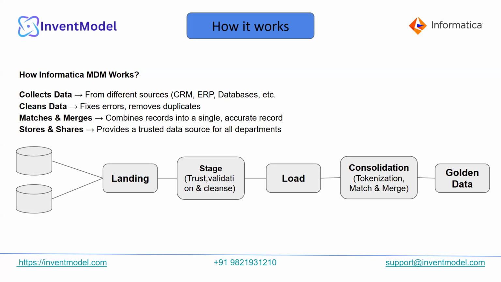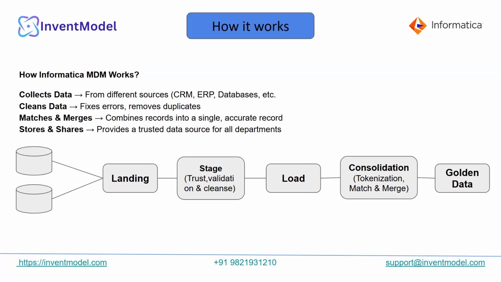After the load process, we need to do the consolidation, because the data loaded into the base object table is not correct. There is a lot of redundancy, duplicacy, and maybe repetitions. To fix that, we need to consolidate the data so that we get accurate data. For that, we need to do the match.